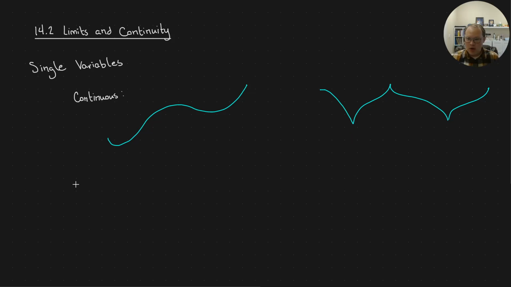Okay? Whereas a function is discontinuous at a point if there is a break or a gap or an asymptote. Okay? So for example, maybe I have some function and there's an asymptote in the middle of them. It's discontinuous where the asymptote is. Okay?